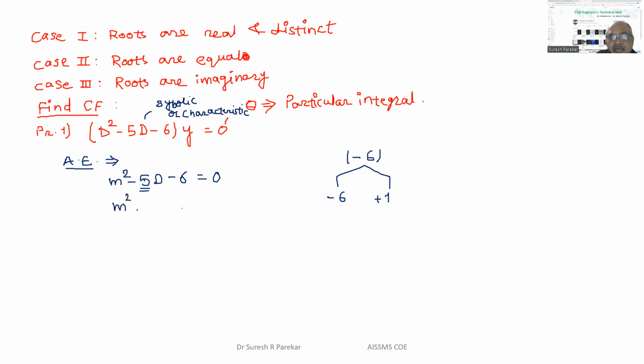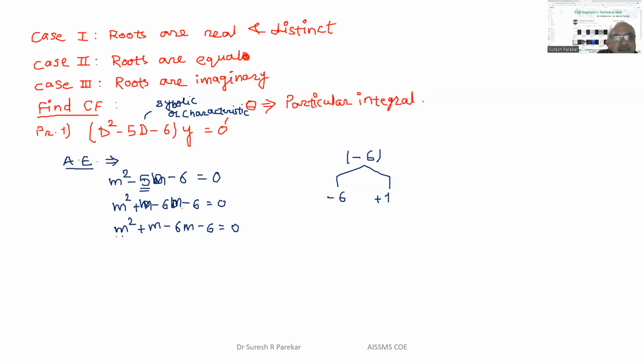Then we can write m square plus m minus 6m minus 6 equal to 0. You can also write minus 6 first; that is your choice.